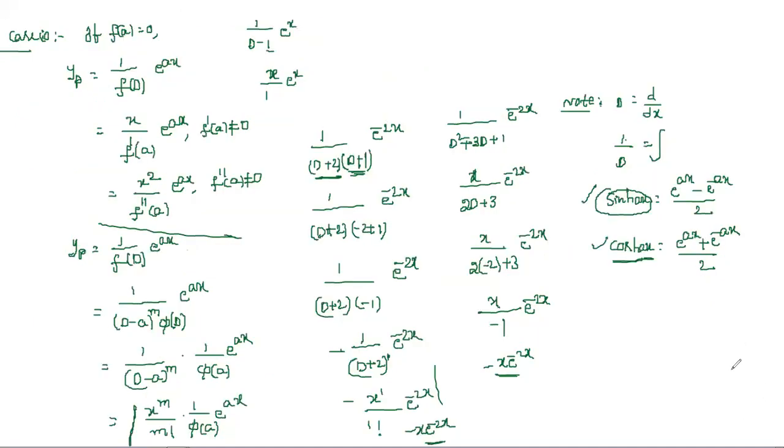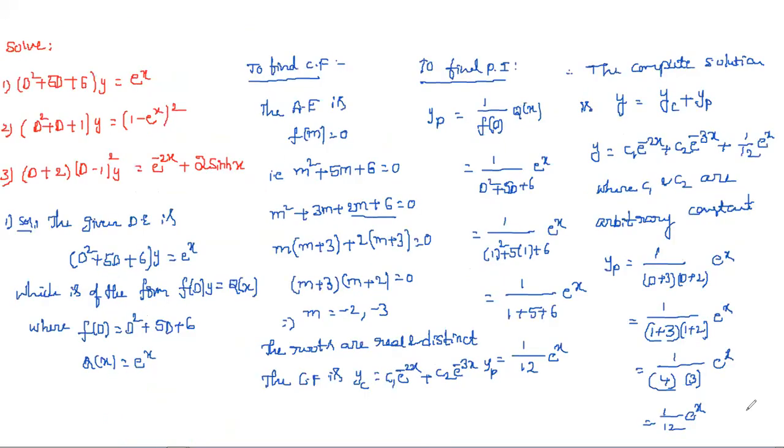After substituting, if you are not getting 0, that is the solution. If after substituting you are getting 0, then only the other case may arise. Either you can apply the derivative method or the factor method, any one of them. So keep it in mind: two cases, first if not equal to 0, and second if equal to 0. In a problem you may get either the first case or the second case.